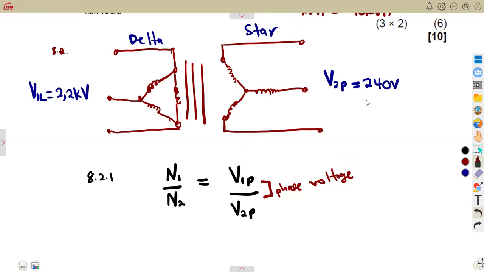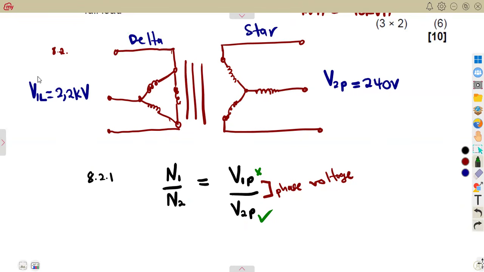What we have is the line voltage for the primary side. V2 we are given as the phase voltage. So we have V2, but we do not have V1, so now you have to calculate V1 according to the connection that you are given.